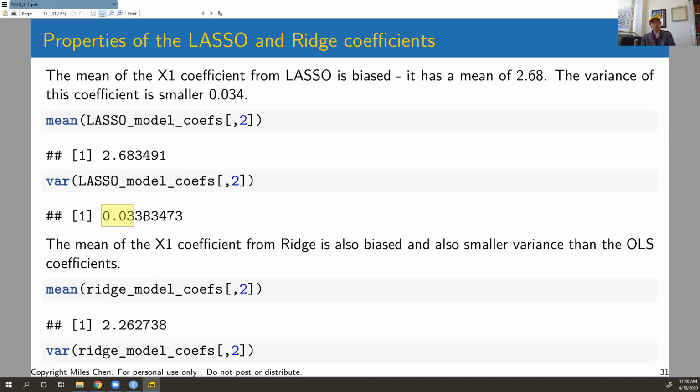So I've reduced variance on my coefficient term at the expense of getting a biased estimate. Similar thing with ridge. This term got cut off; I'll have to adjust it. But basically, my bias is actually even bigger with ridge regression in this case, but the variance is also lower here.